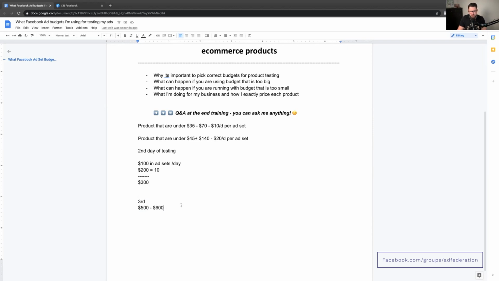So for day two I usually do 500 or 600, and that day I already expect it will be 2 ROAS. If I don't have great numbers on that day, and when I say 500 or 600, I mean this is a new budget that I do.